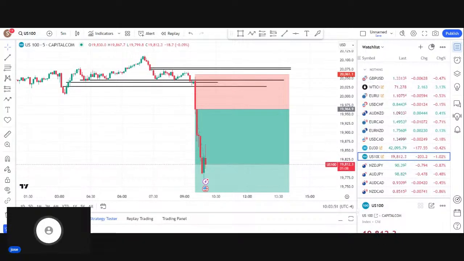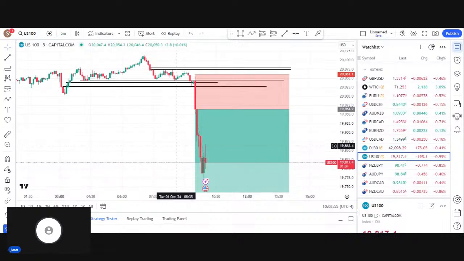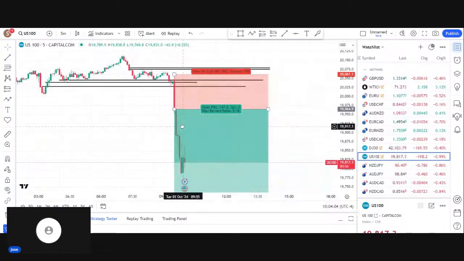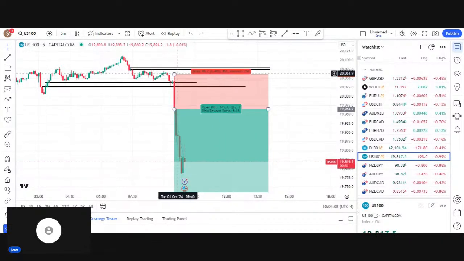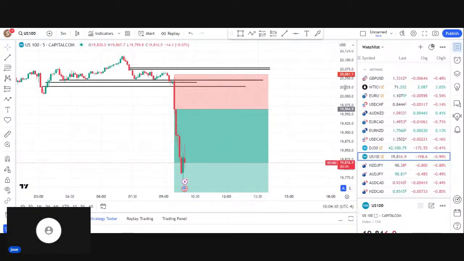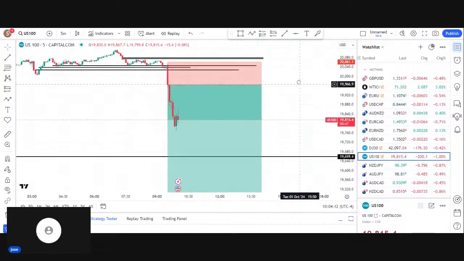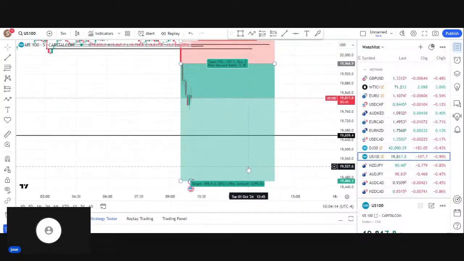For us, we use a 1 bar stop loss. The breakout candle is usually our stop loss, and if it's too small, we also add in some room. But usually in US 100, in this case, it's about 100 pips. So you are looking at 100 pips and you are targeting 500 pips.